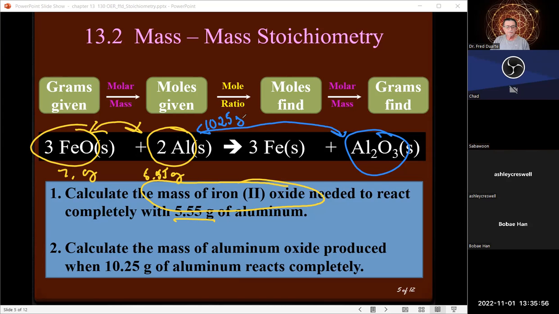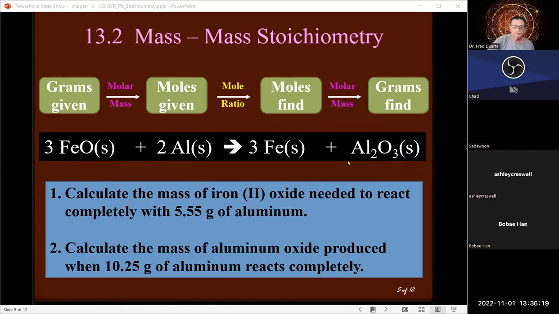Note the first in yellow, the relationship is a 3:2, and for the one in blue it is a 2:1 relationship. So calculating the mass of aluminum oxide. All right, so let's work the problem.